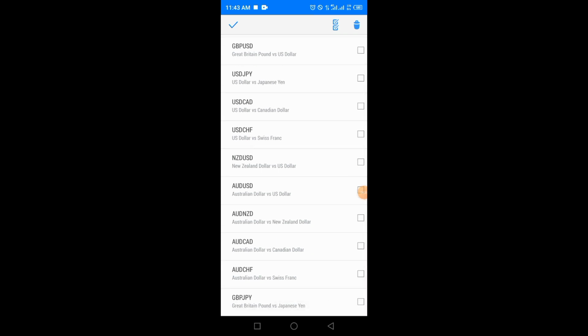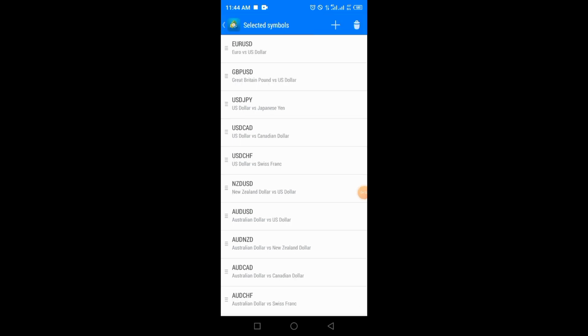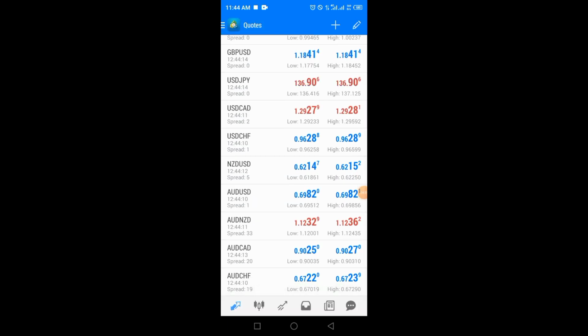Let's say, for instance, I want to remove the GBP JPY that I just added. All I need to do is to select it, then I will go back to this place right here and tap on it. You can see I have removed the GBP JPY. Then I will go back. You can see it's no more on the list. So these are some of the things that are on the quote features.